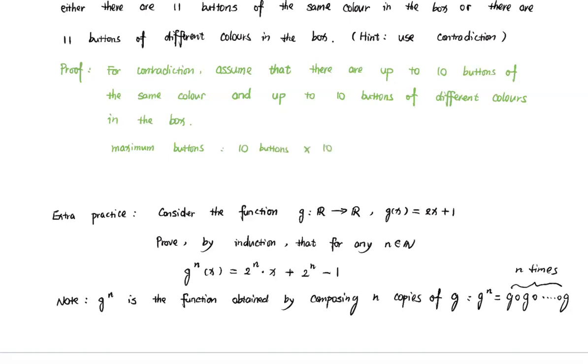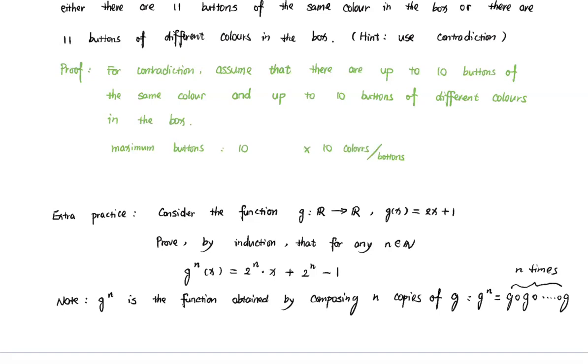Wait, how do I... why is it 10? We have 10 colors, and we have 10 buttons per color.